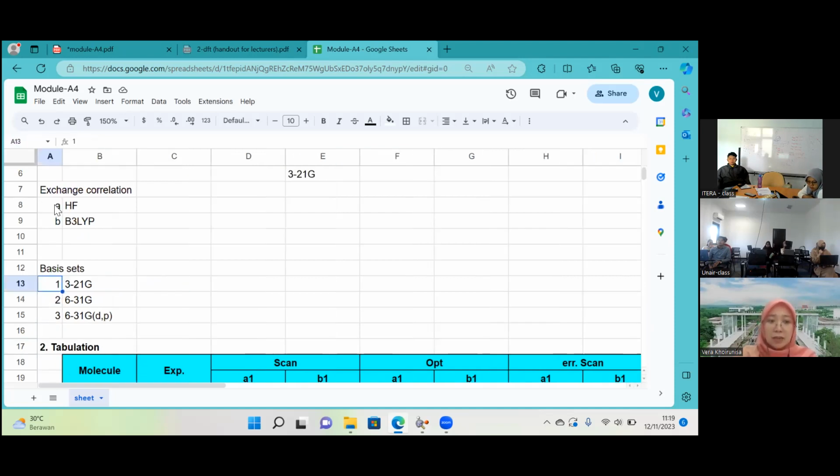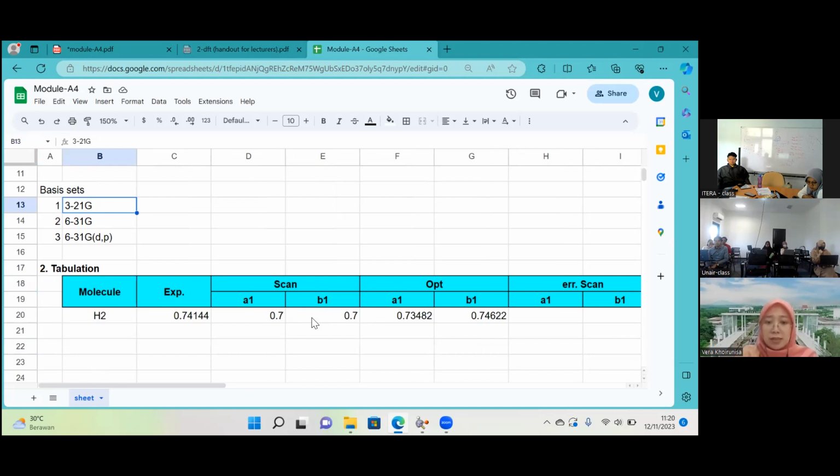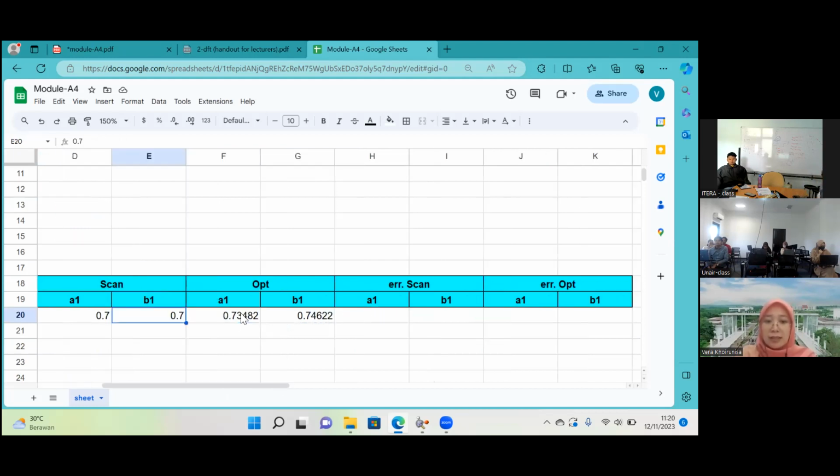So A is Hartree-Fock, B is B3LYP, and 1 is the 321G basis set. So this is the first, the Hartree-Fock, and then this is the DFT from the scan calculation. And then this number I got from the optimization calculation for Hartree-Fock, and this one is from B3LYP.